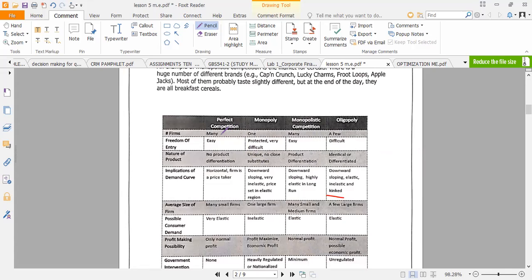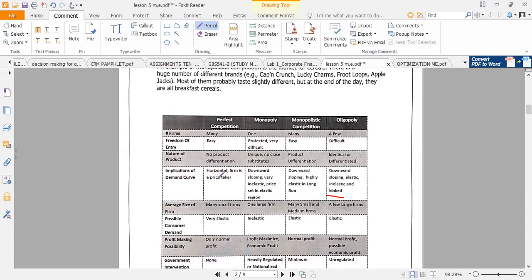Number 2, there is no product differentiation. Goods are homogeneous. So meaning at the market, you can't differentiate if this commodity, like fertilizer, is natural or organic, they're all the same, they're identical.